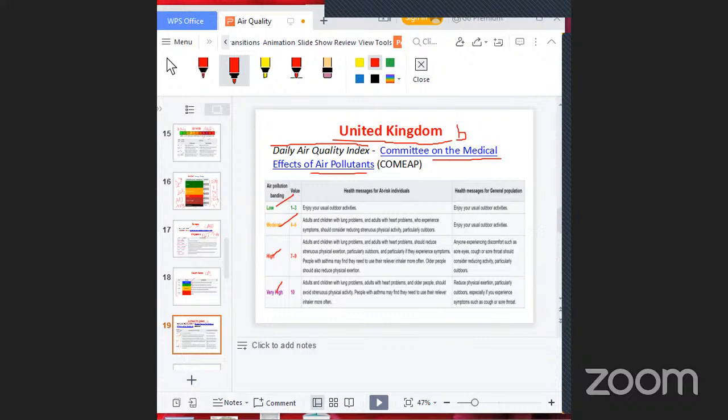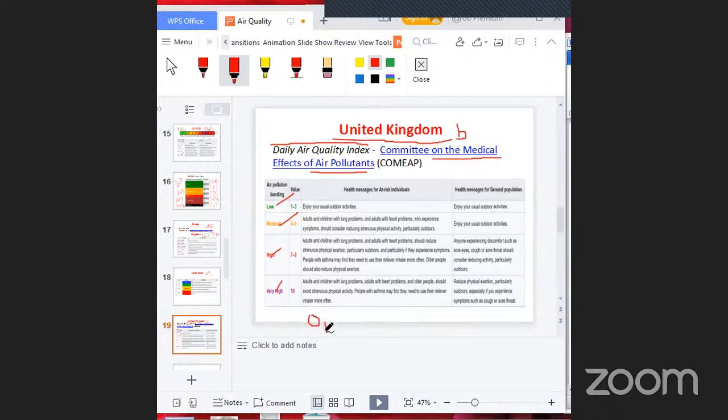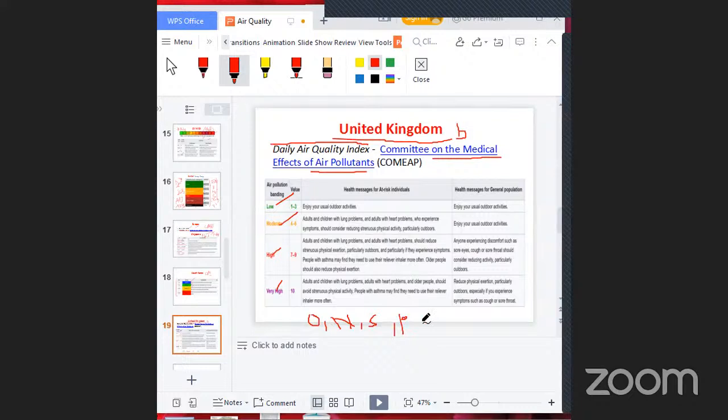This index is based on the concentration of 5 pollutants. The index is calculated from the concentrations of the following pollutants: ozone, nitrogen dioxide, sulfur dioxide, and particulate matter 2.5 and 10.